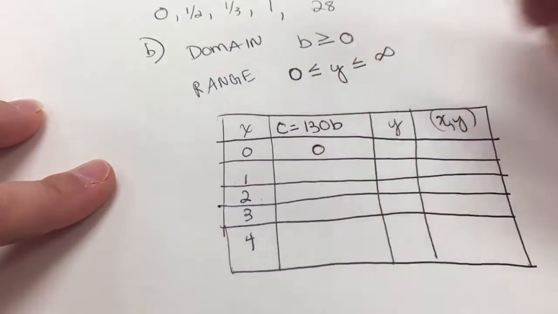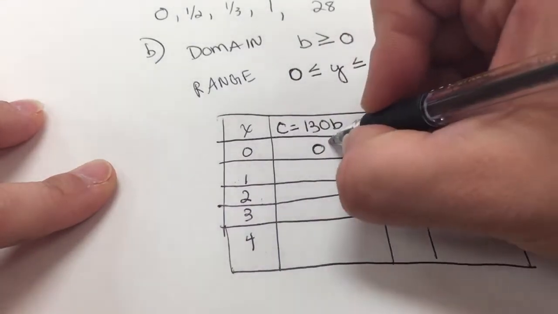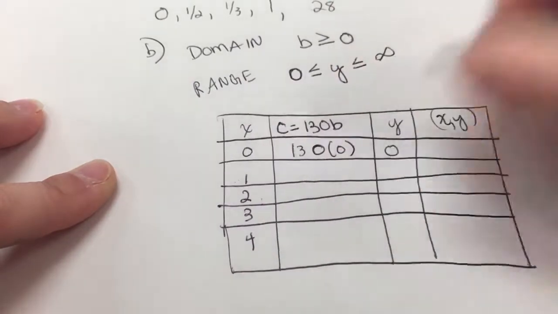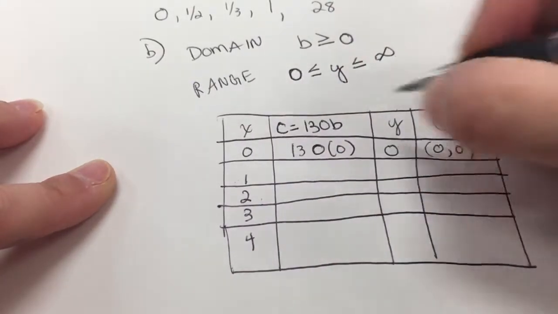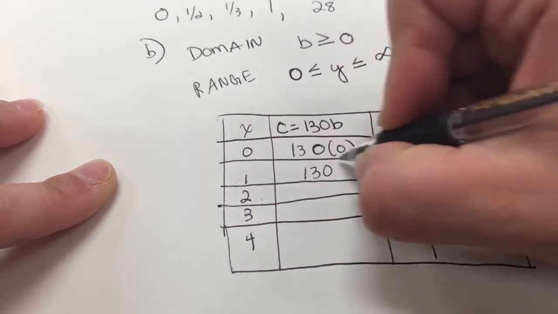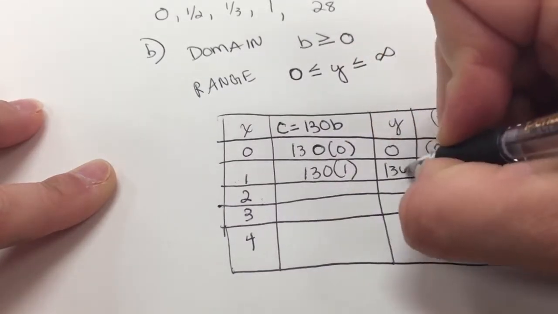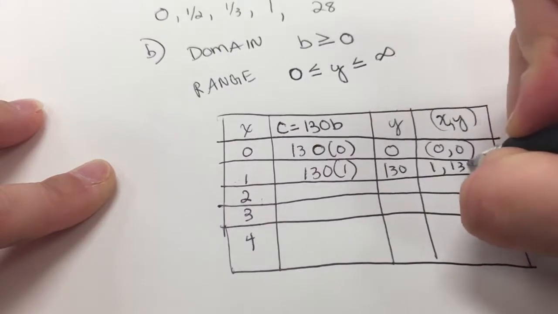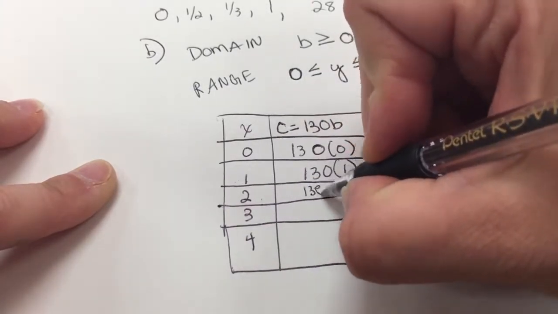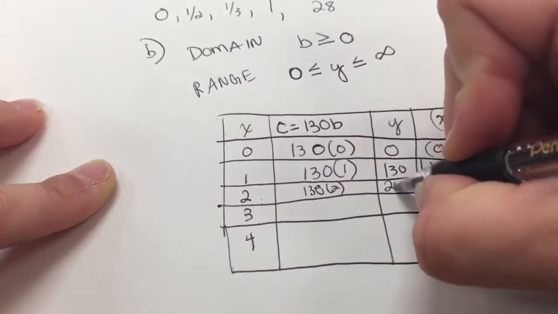So if I eat 0, I have 0 times 130, which is 0. So my point is 0, 0. If I eat 1, that's 130, so that's 1 comma 130. If I eat 2, it's 130 times 2, which is 260.